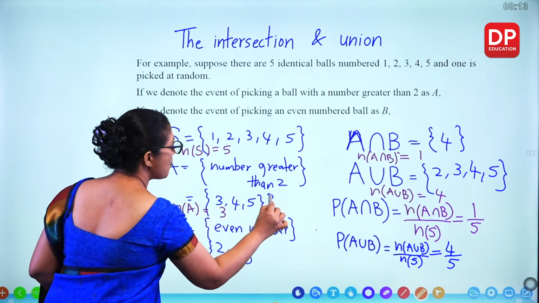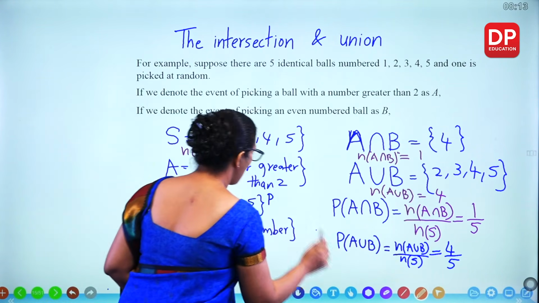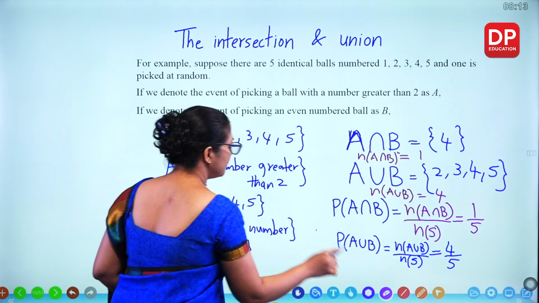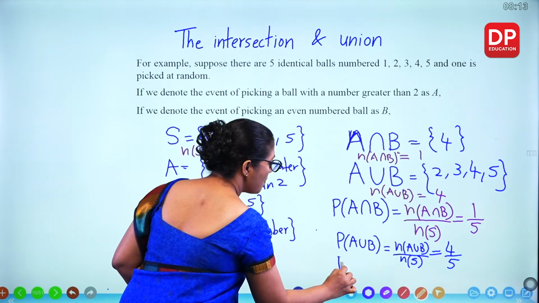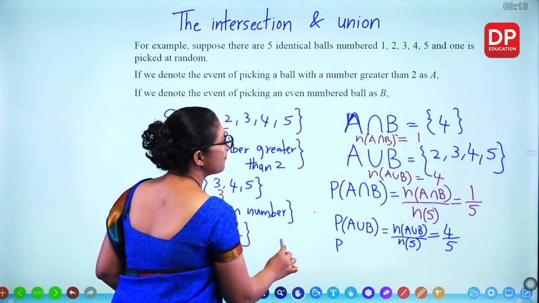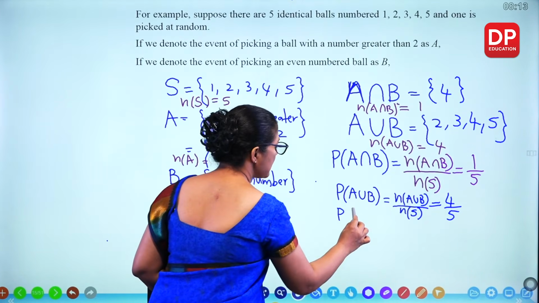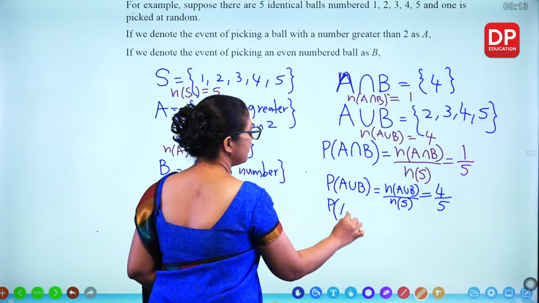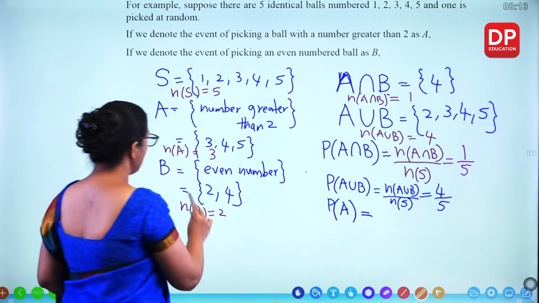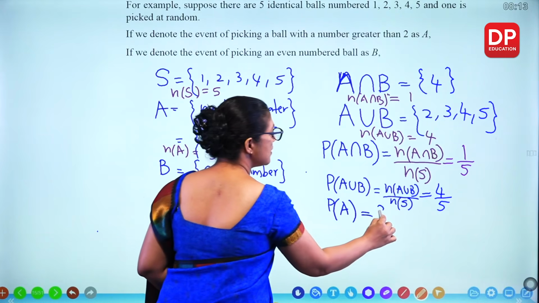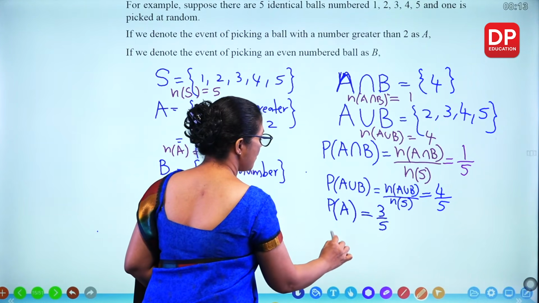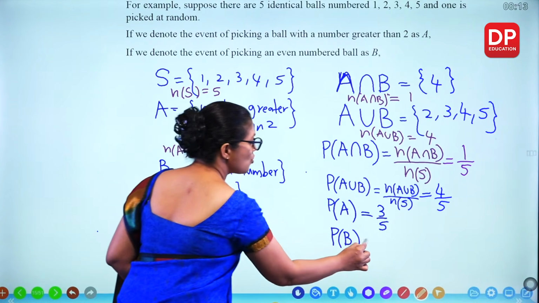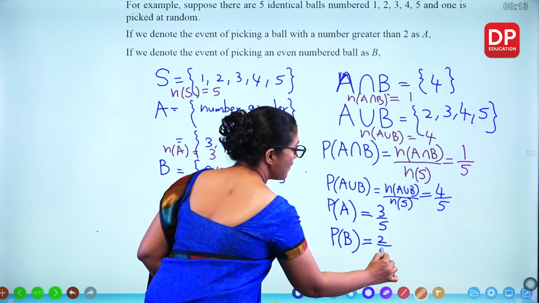I want the probability of A now. Probability of getting A is 3 over 5. And what's the probability of getting B? B is 2 over 5.